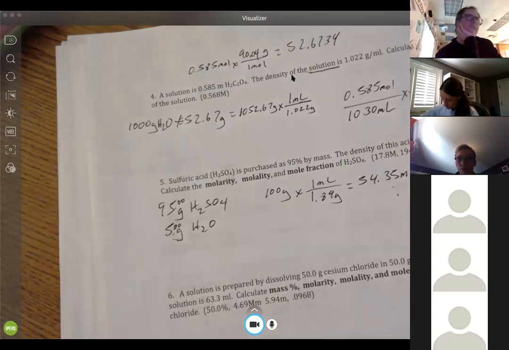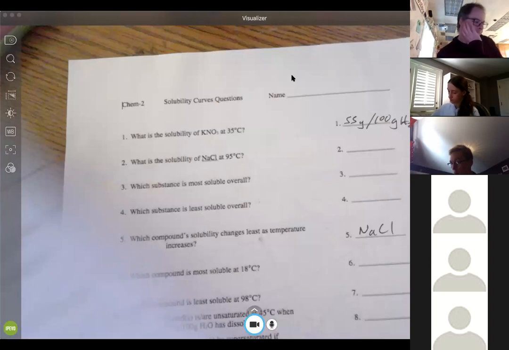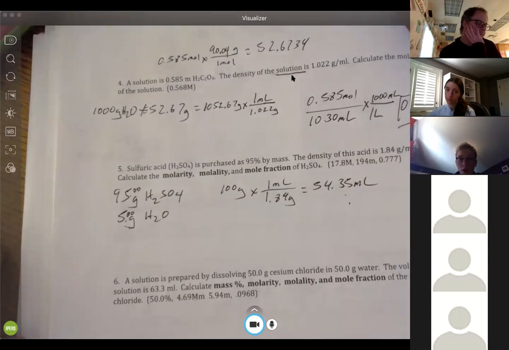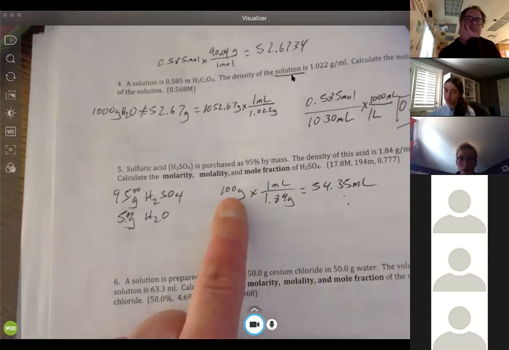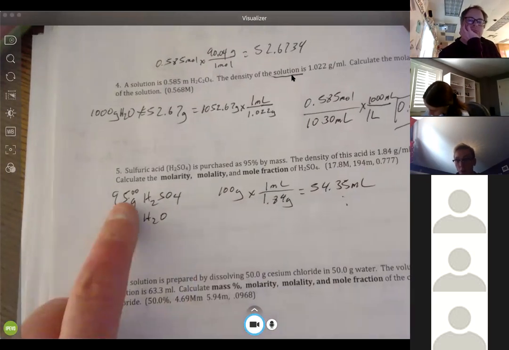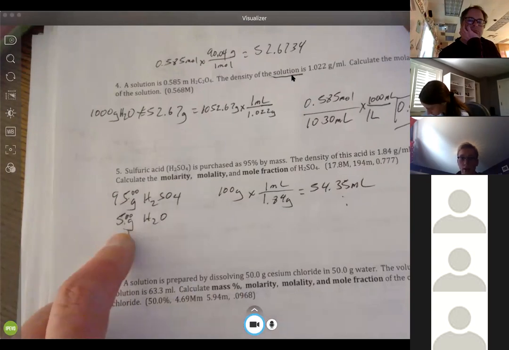Mr. Jackson, when you found those milliliters, why do you multiply by 100? Yeah, because that's the mass of this solution. But isn't the 1.84 the density of the acid?